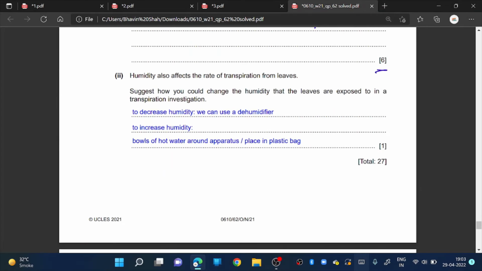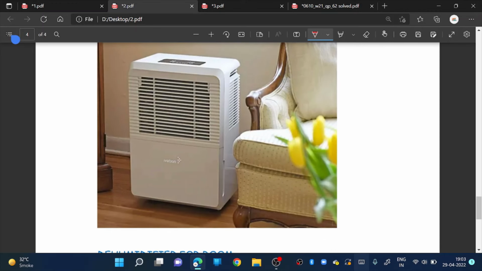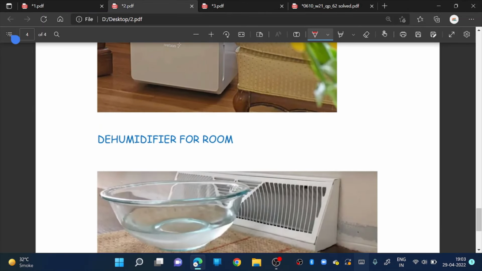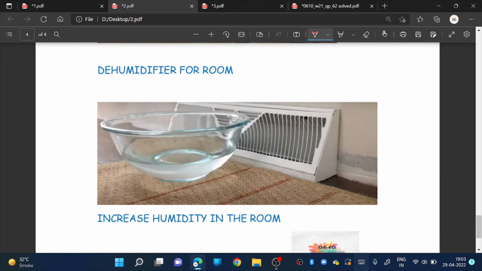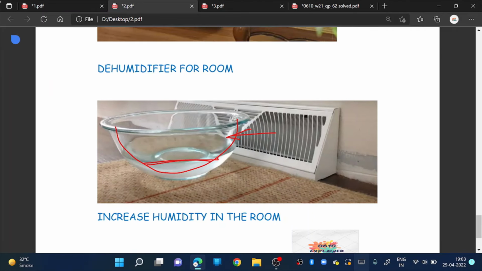Next question we are looking at, humidity also affects the rate of transpiration from the leaf. Suggest how you could change the humidity of the leaves that are exposed to the transpiration investigation. So here what we looked at, this is called a dehumidifier. Or if you want to add humidity to the room, you can use a beaker with water in this and keep it close to a vent or a fan, which will add humidity to the room.